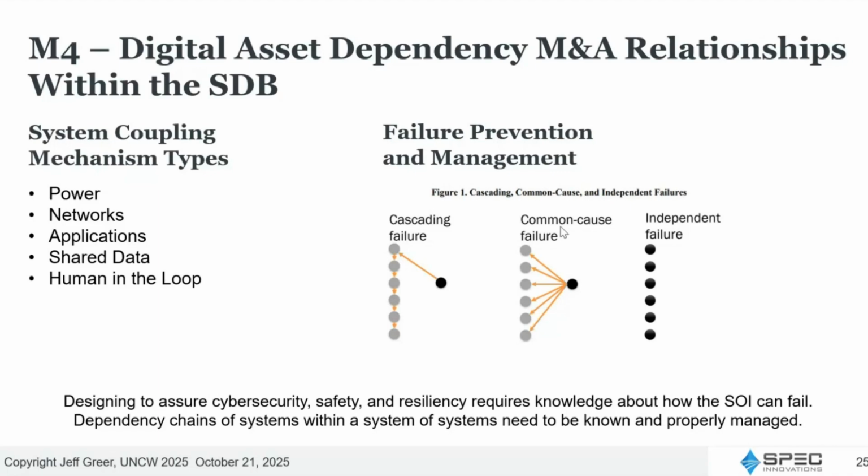You don't want to have an accident, so you need to manage how failure occurs, and then resiliency requires that you recover quickly from an attack, right? So you have to think about this coupling or interdependency when you start to think about cybersecurity, safety, and resiliency engineering.